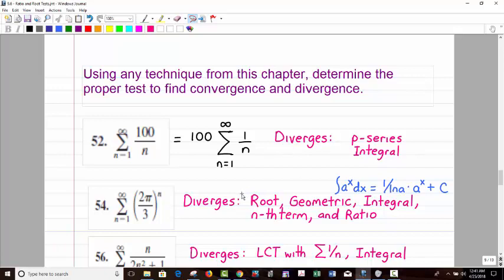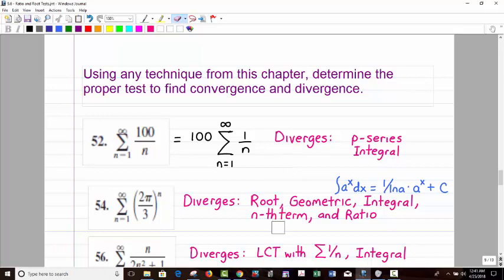The next one diverges by all kinds of tests. I'm showing you here the formula for the integral, the reason why the geometric ones can be integrated. Because you can integrate a number raised to a power by using this rule right here: 1 over ln of a, times a to the x, plus c. That's why that can be integrated. Well, this diverges 5 different ways.